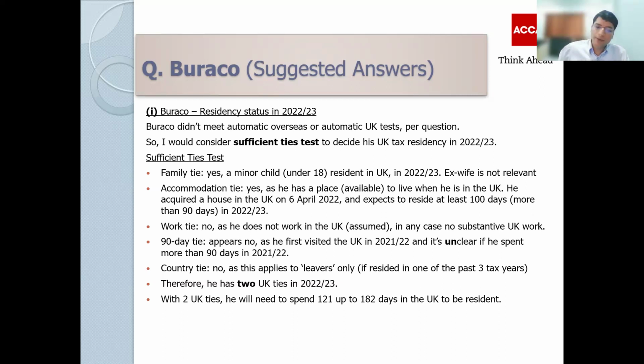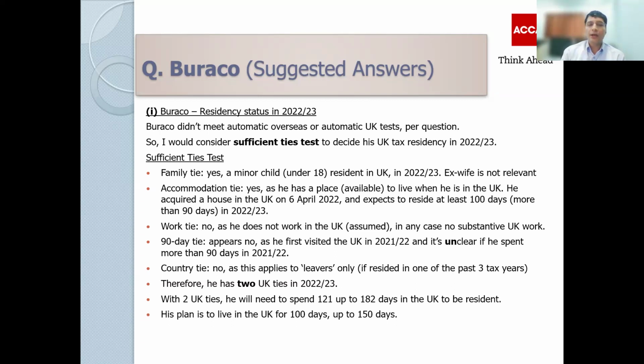Let's move on to the next part of the table. If someone is not previously resident, which is the case for him, then 2 ties will only make him UK resident if he has been residing in the UK for 121 up to 182 days. So the answer is clear. He plans to live in the UK for 100 days, up to 150 days.